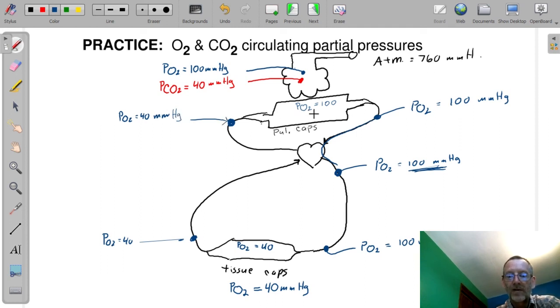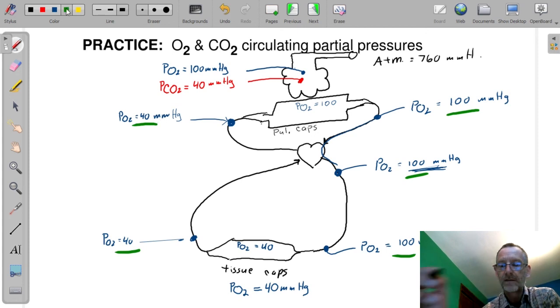And then it picks up a fresh load of 100 and it leaves again. So you're just going from 100 to 40. Okay?